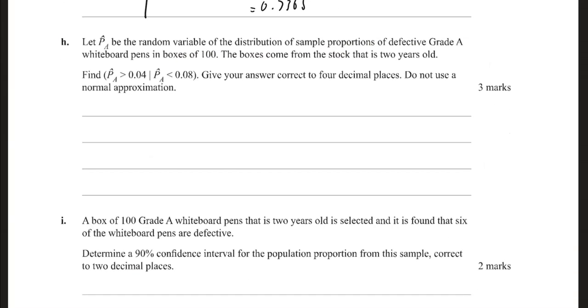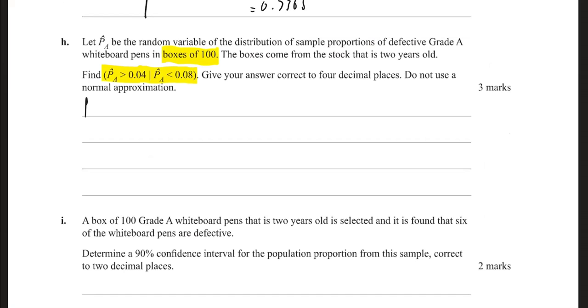Part H, moving on to sampling. Sample proportions of defective grade A whiteboard pens come in boxes of 100. And we want to find the probability of this. And we can't use normal approximation as well.